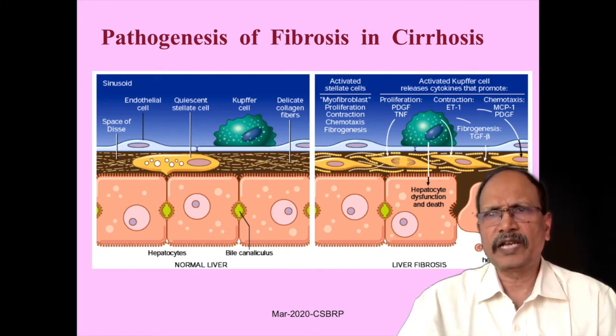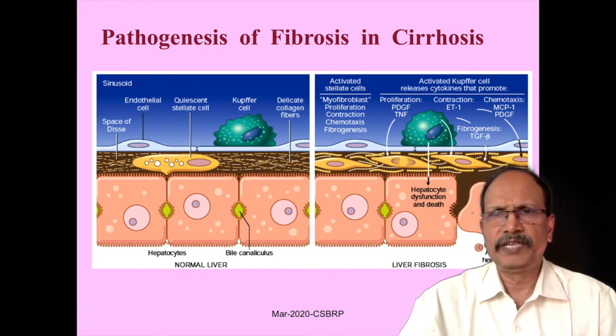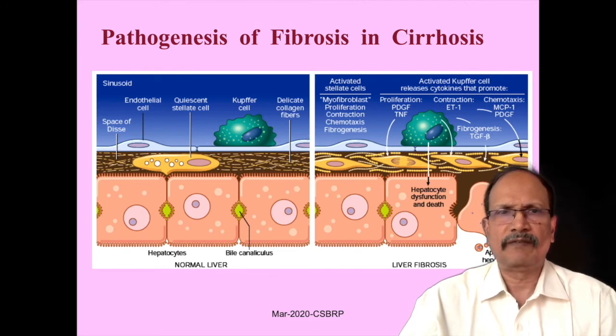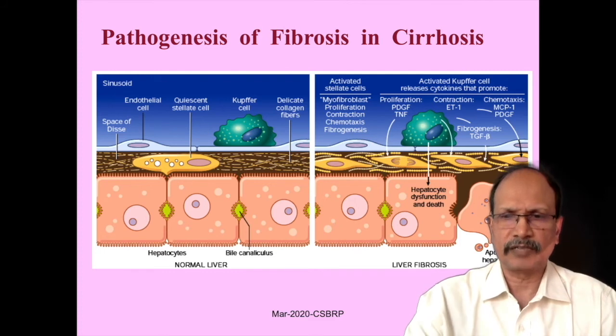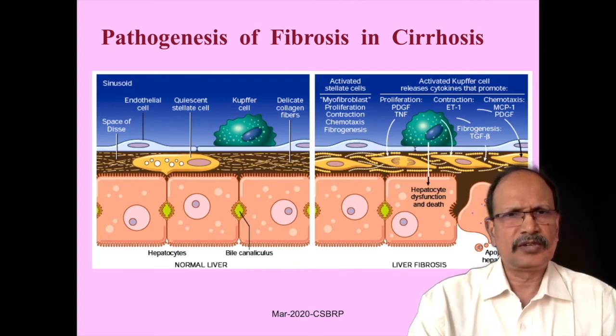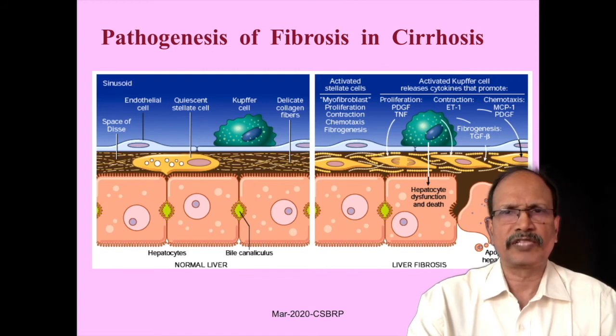And other cytokines like MCP1, PDGF, and transforming growth factor beta are also responsible for initiation of multiplication and excessive deposition of collagen by the Ito cell. So overall, the Ito cell is the one responsible for fibrosis in the liver, and whenever it gets irritated, it multiplies and synthesizes lots of type 1 and type 3 collagen.